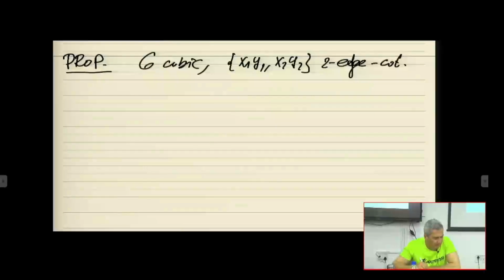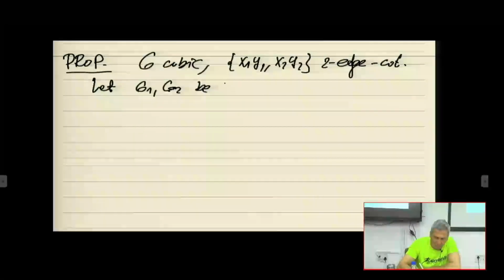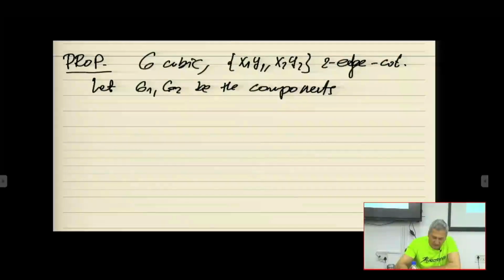Okay, and let G1, G2 be the components of G minus the cut.